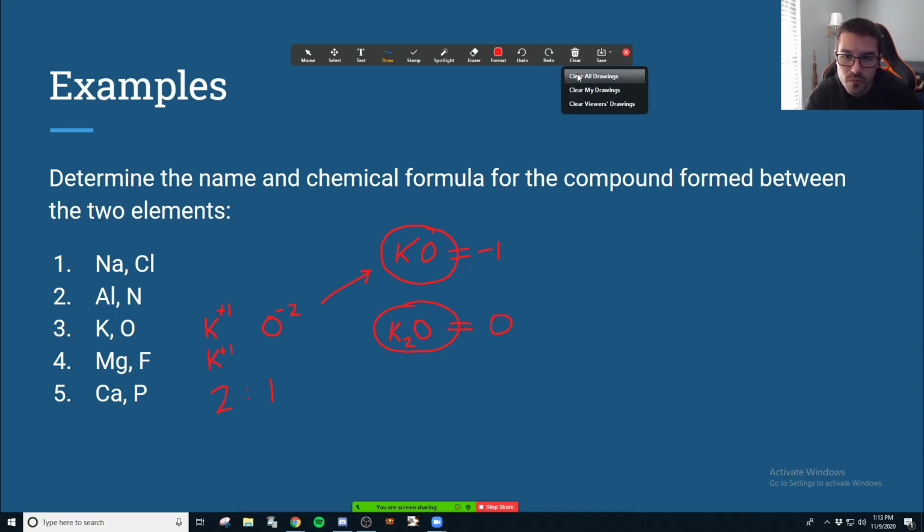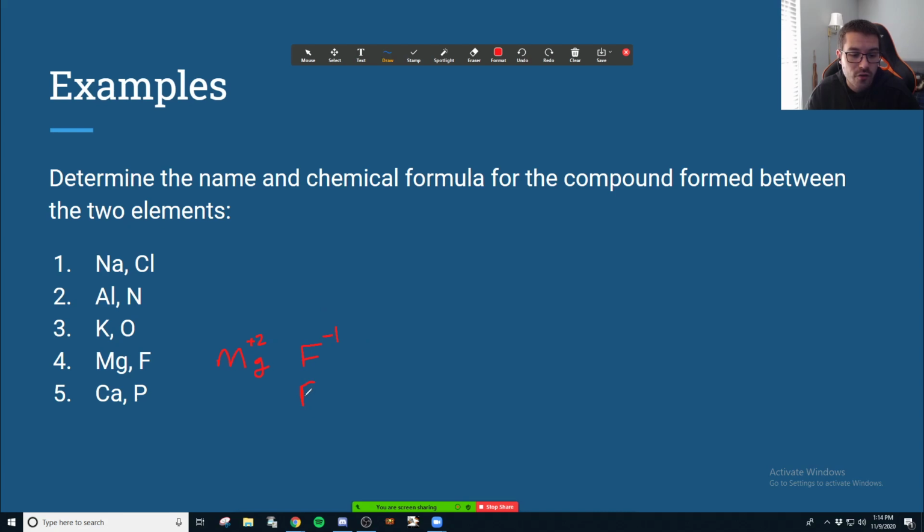Let's do another example. Magnesium and fluorine. Magnesium has a +2 charge. Fluorine, -1. So the question is, what's the ratio of these that I need to get an overall charge of 0? Well, magnesium's got this big +2. Fluorine's only -1.